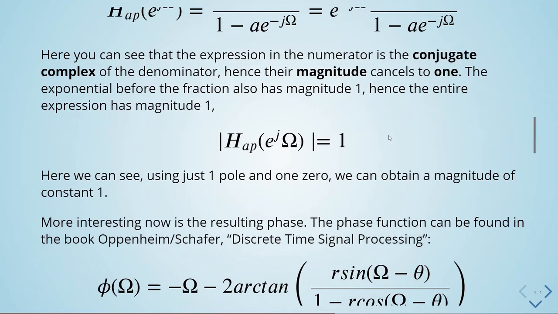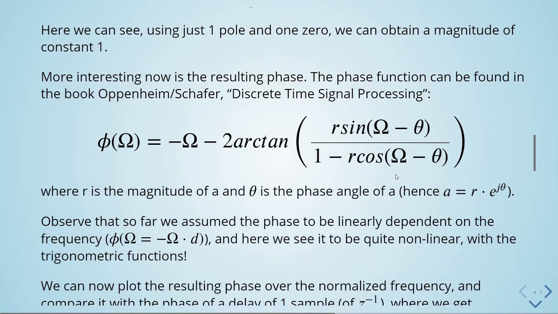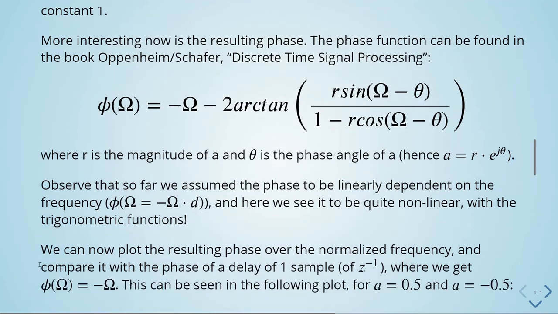But more interesting now is the resulting phase, and this phase function can be found in the book of Oppenheim, Discrete-Time Signal Processing, and is given by this equation here, where r is the magnitude of a and theta is the phase angle of a. So a equals r times e to the power of j theta. So observe that so far we assumed the phase to be linearly dependent on the frequency.